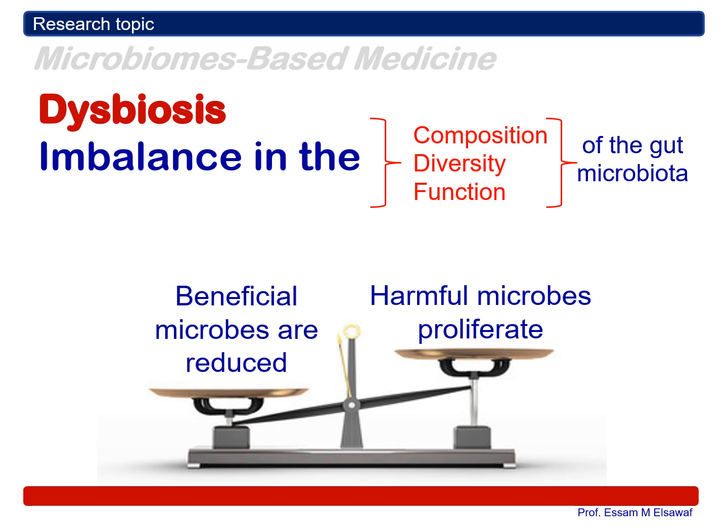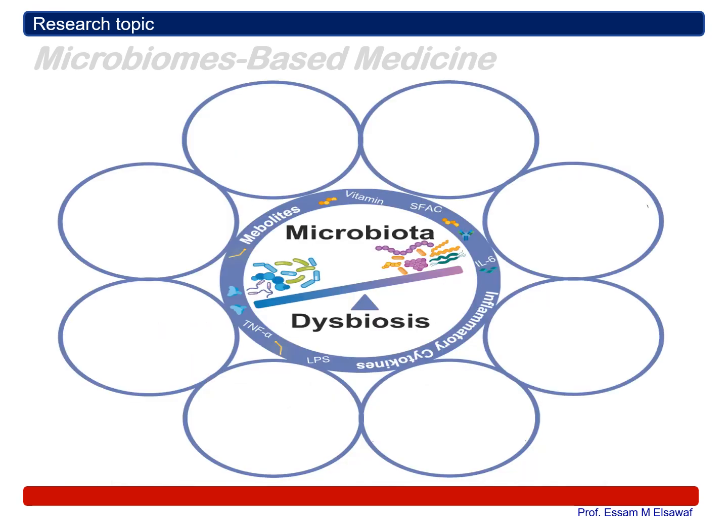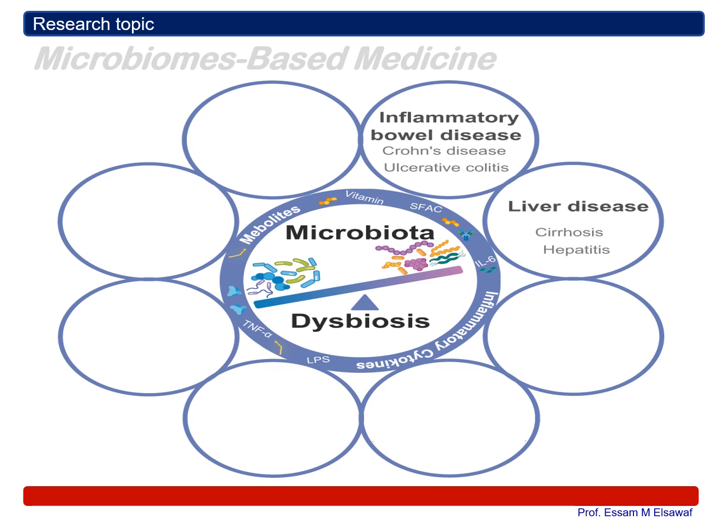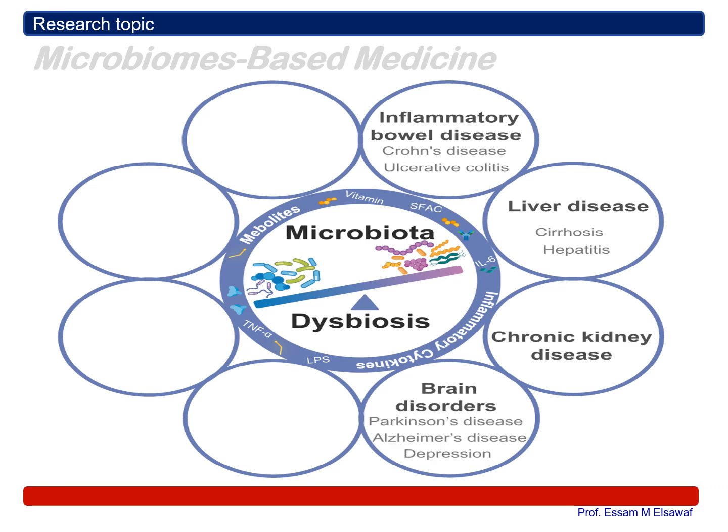Now, what are the likely diseases that may happen according to such dysbiosis? On the top, inflammatory bowel disease, especially Crohn's disease and ulcerative colitis, liver disease, cirrhosis, and hepatitis, chronic kidney disease, any kidney disease, brain disorders, believe it or not, Parkinsonism, Alzheimer, depression can accordingly happen due to dysbiosis.